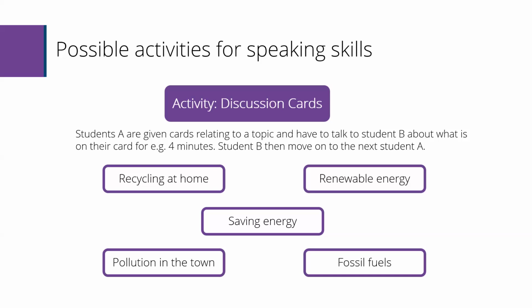And so we give them some topics: recycling at home, renewable energy, saving energy, pollution in the town, fossil fuels, and so on and so forth. And so we have that kind of movement around the classroom. So the A students have one particular type, and it's almost a bit like a speed dating activity. But the discussion can be free flow, so we're allowing spontaneity on the part of the students.